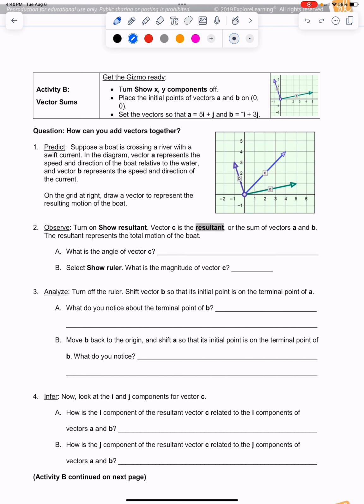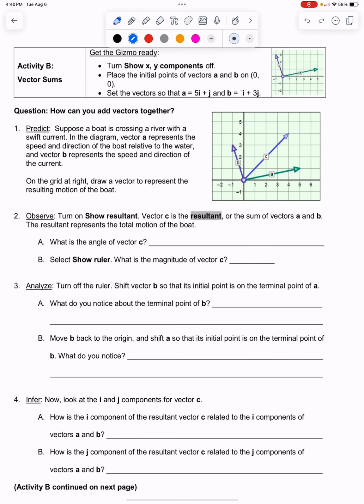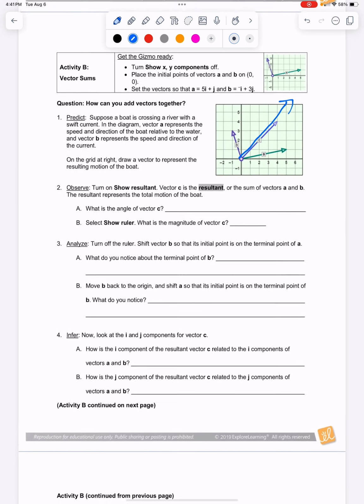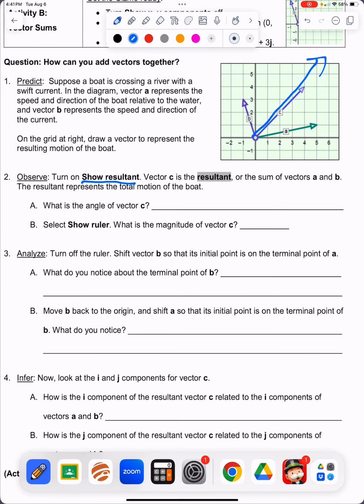And so vector C represents the overall direction of the boat. So vector C is what's called the resultant vector. In other words, the motion of the boat is going to be off in this direction here.